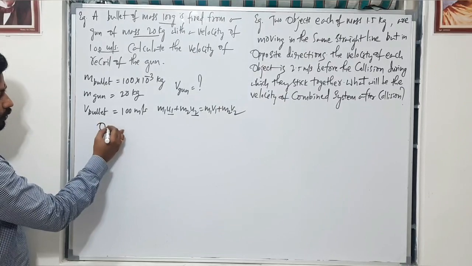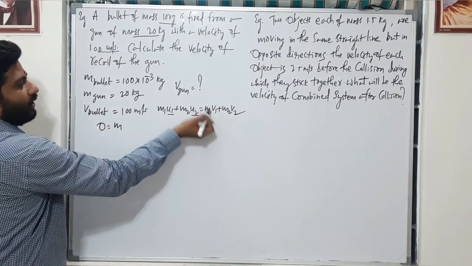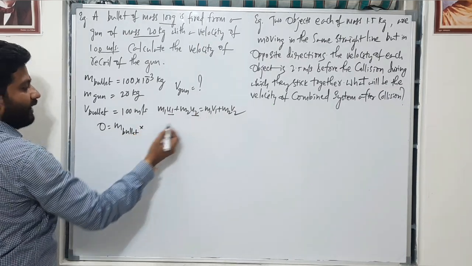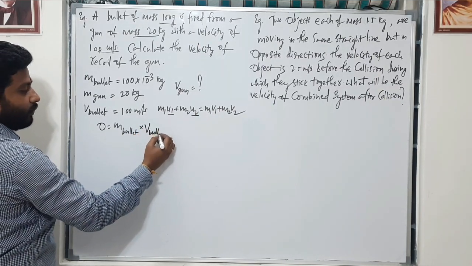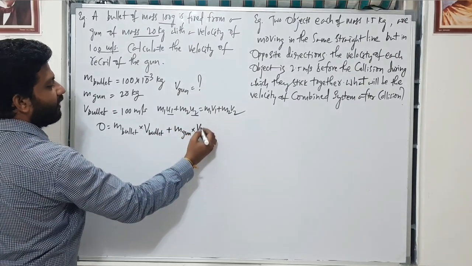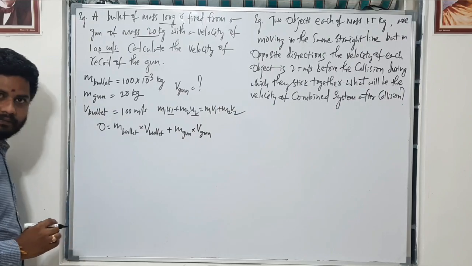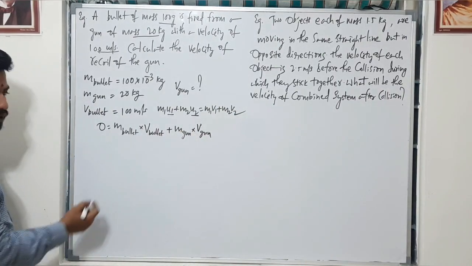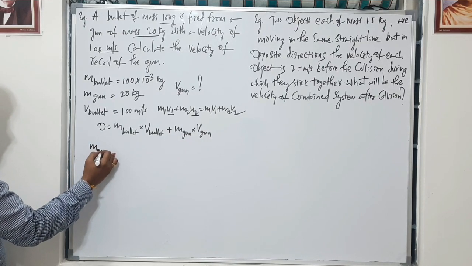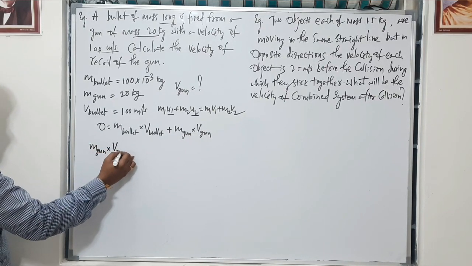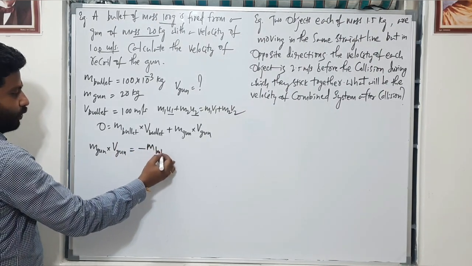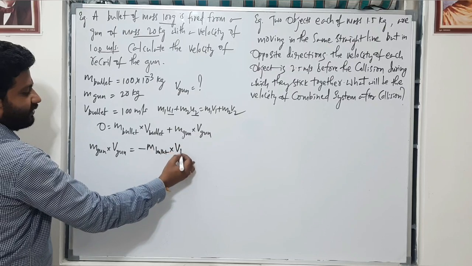So 0 is equal to m, first body, mass of the bullet, into final velocity of the bullet plus mass of the gun into final velocity of the gun, right? So this product plus this product, and this product I can write here, mass of the gun into final velocity of the gun, which is equal to minus mass of the bullet into velocity of the bullet.